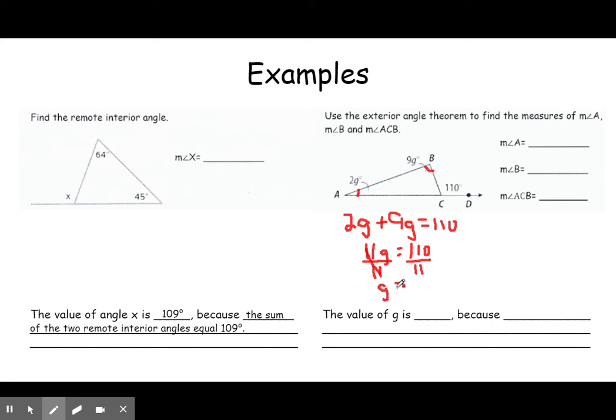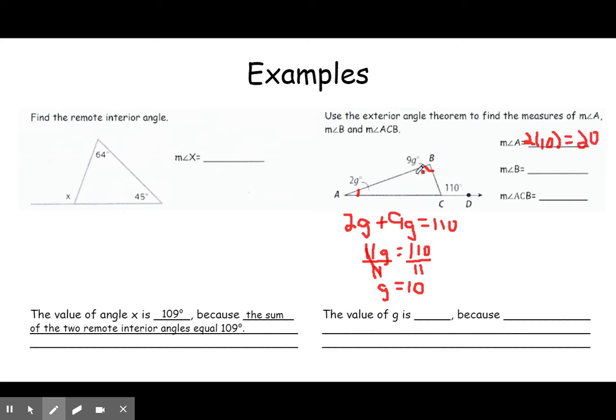110 divided by 11. Remember, we can use calculators in the 8th grade, but I know that 110 divided by 11 is 10. So G is 10, but angle A is 2 times G, so angle A is 2 times 10, which gives us 20 degrees.